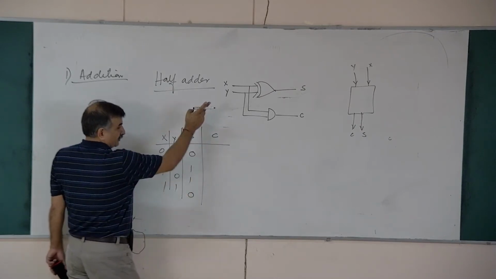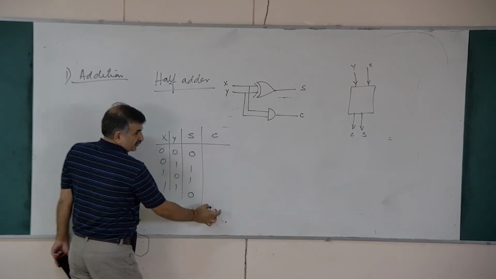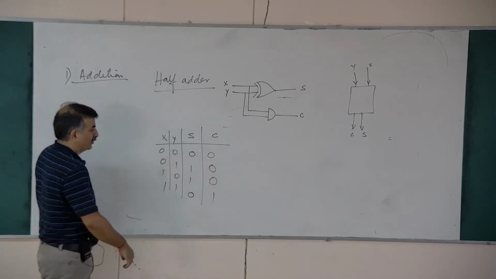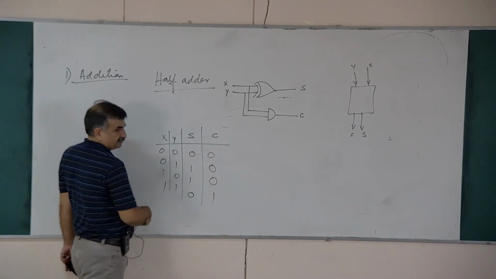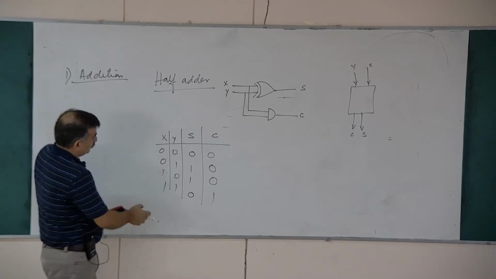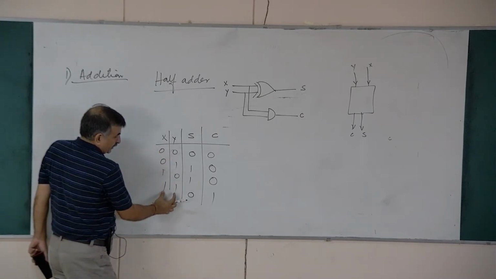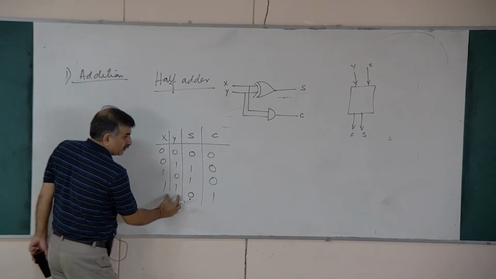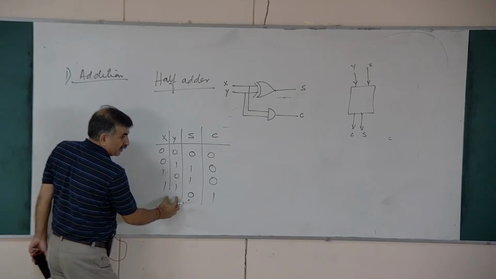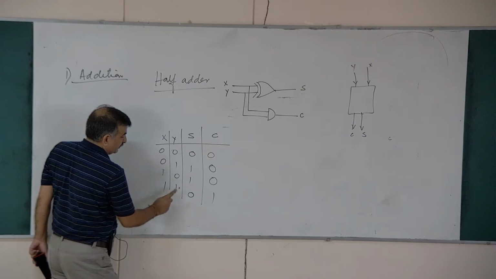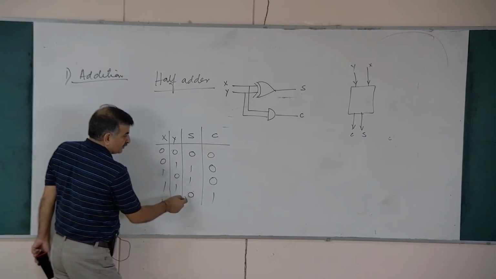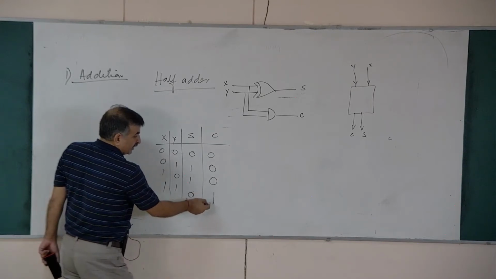Now for the AND gate, the output is 0 for all inputs and 1 only when the inputs are 1 and 1. So when input X and Y are 1 and 1, when we are adding two 1-bit numbers, the sum is 0 and the carry is 1.